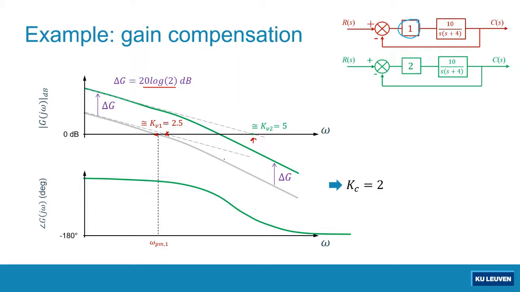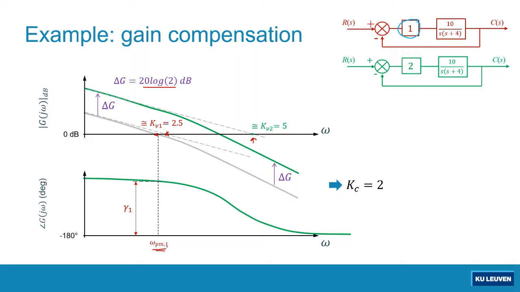This is the phase margin frequency. So the phase margin frequency of my original system before I tune the proportional gain is this omega PM 1. Knowing the phase margin frequency, I can then find the phase margin of the original system. So gamma 1 here is the phase margin of the system before I tune the proportional gain.